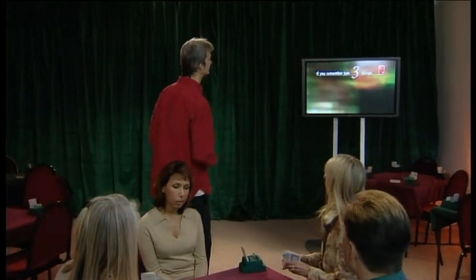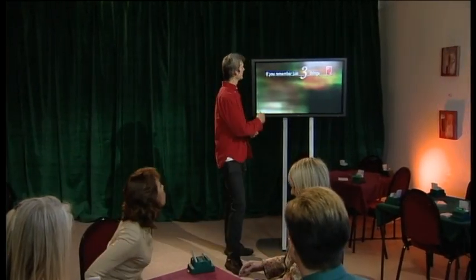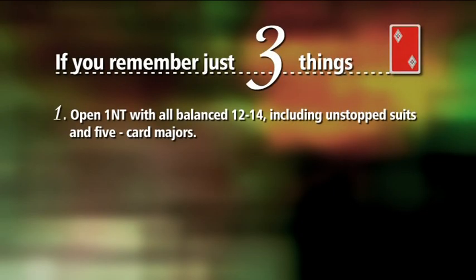Now, just to finish up, what we're going to do is have a look at 3 of the most important things that I want you to take away with you in the opening 1 no trump and responding, and opening 2 no trump and responding areas of the game. Firstly, if you have a balanced hand with 12, 13 or 14 points, then you must open the bidding 1 no trump.